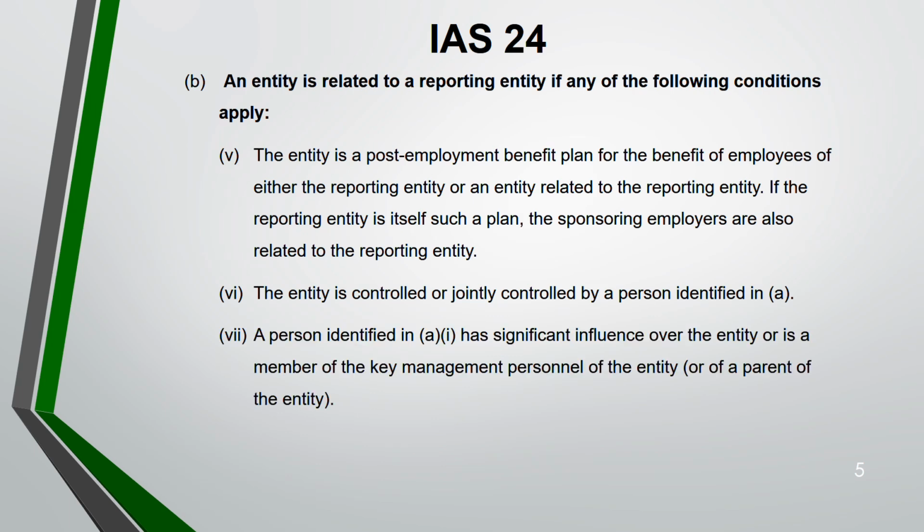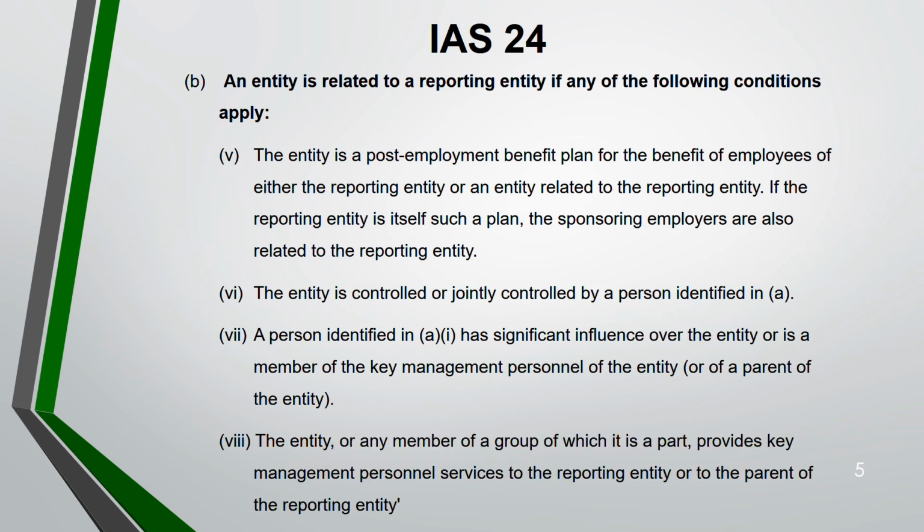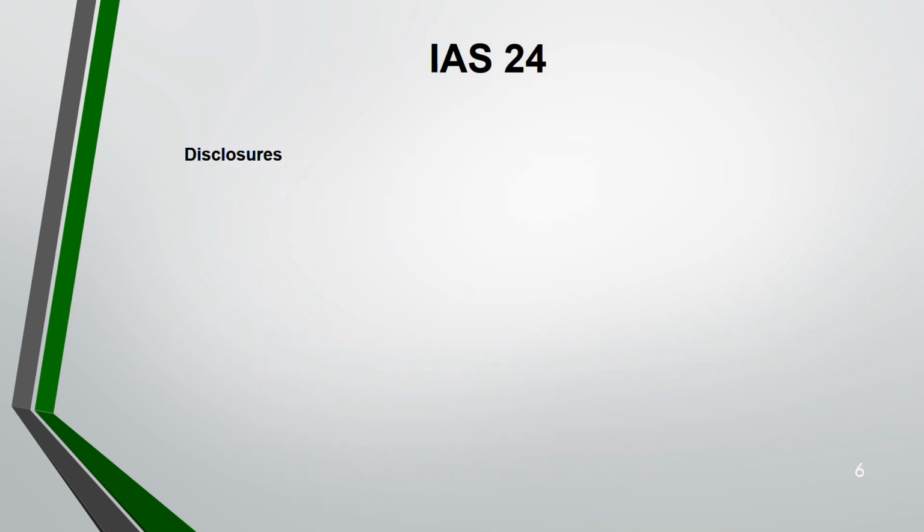Person identified in A has a significant influence over the entity or is a member of the key management personnel of the entity. Entity or any member of a group of which it is a part provides key management personnel service to the reporting entity or to the parent of the reporting entity. Now, the disclosure. So that's about identifying who are related to reporting entity, both the person and the entity.